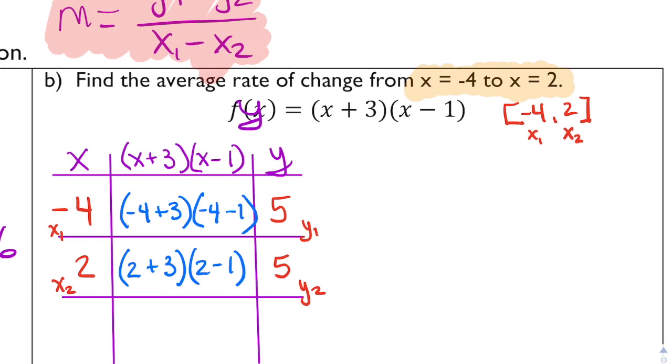So we're going to go ahead and plug it in. We have m equals, our y1 value is 5, minus our y2 value, which is also 5, all over -4 minus 2. Plug that into your calculator, and you should get 0 over -6.